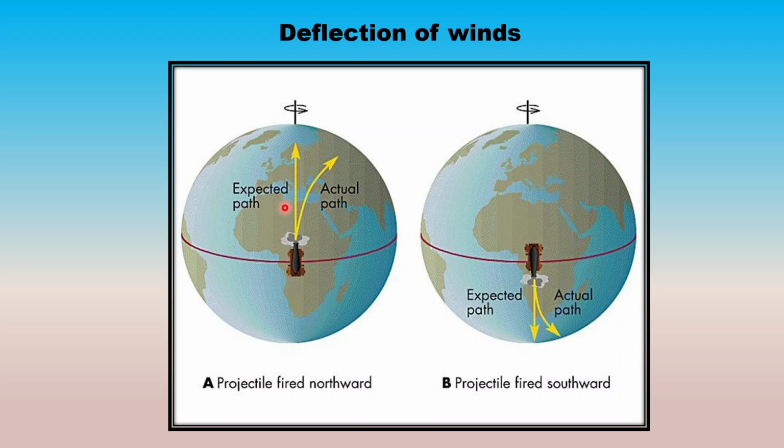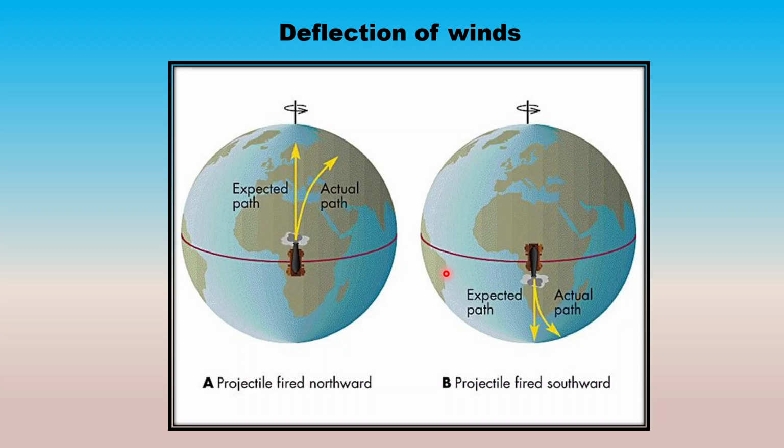They deflect to the right in the northern hemisphere and to the left in the southern hemisphere. The Coriolis effect is, however, absent at the equator, but its strength increases as one moves towards the poles.